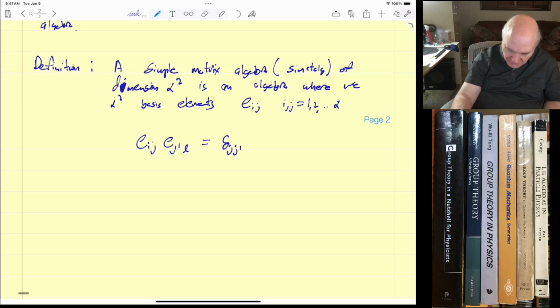Remember, this is 1 if j equals j prime and 0 if j is not equal to j prime. Not rho, I'm sorry.